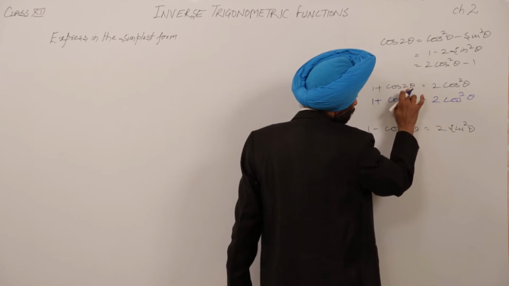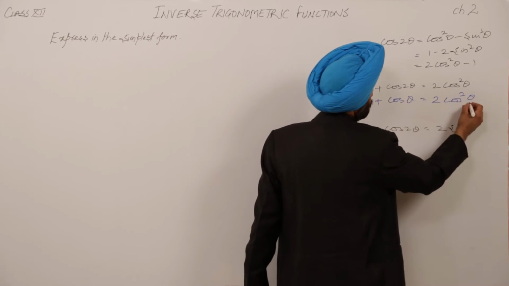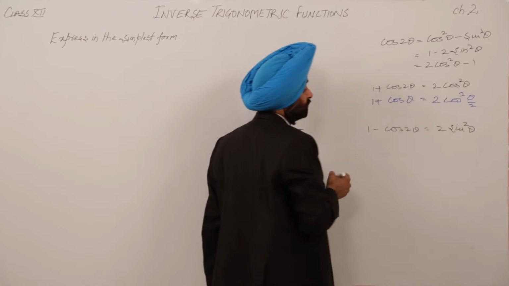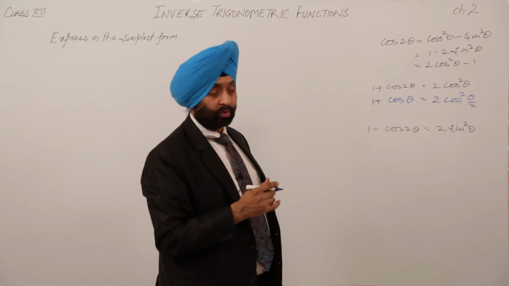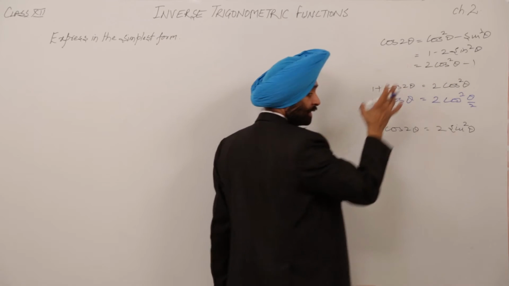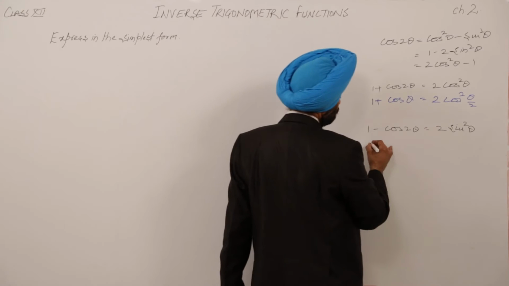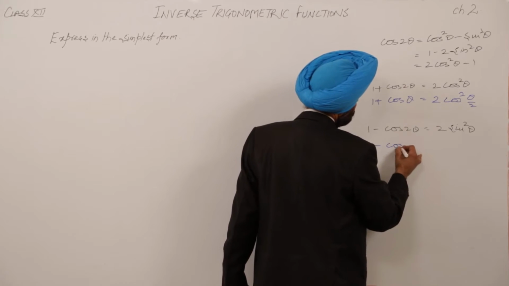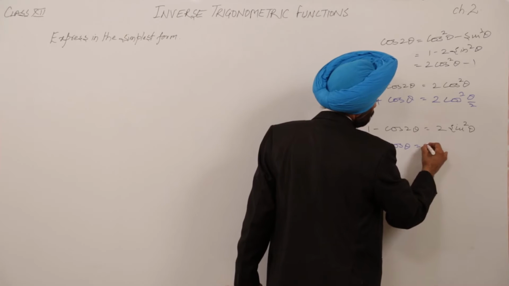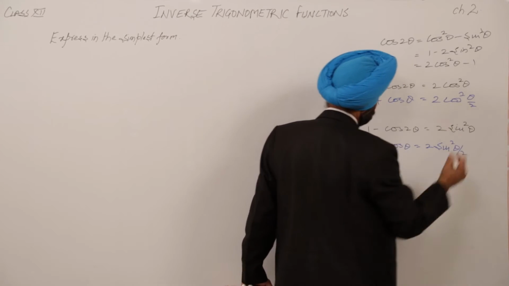I have done this by dividing 2 theta by 2, so for both sides we have to do the same operation. If I divide the angle on this side by 2, the angle on the right-hand side should also be divided by 2. Similarly, 1 minus cos theta is equal to 2 sin square theta by 2.